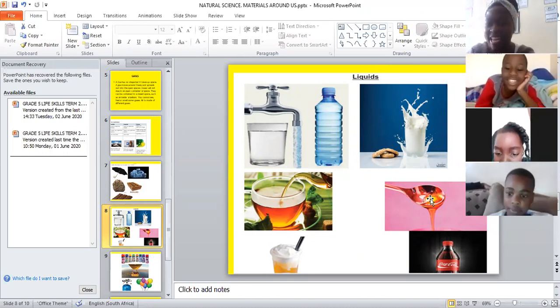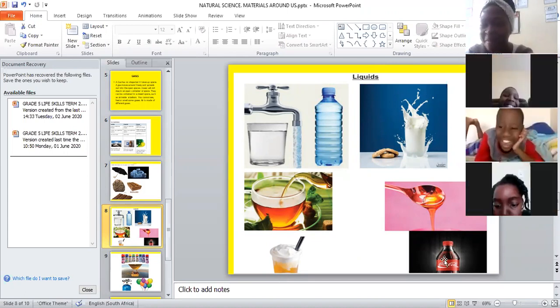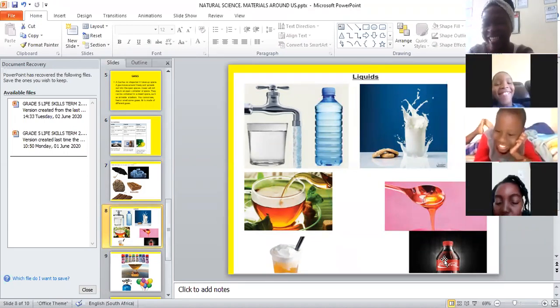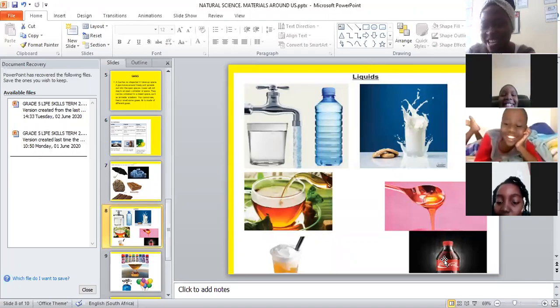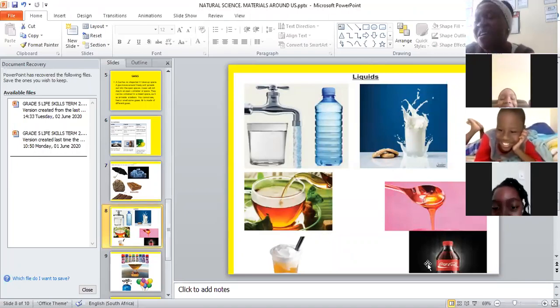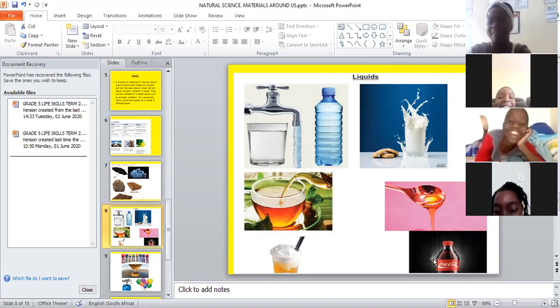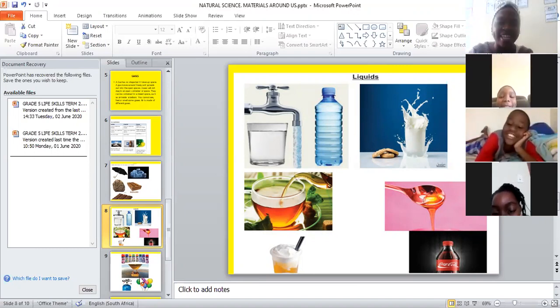And then this one? A cold drink, yes, Coca-Cola. Okay, the last one we have is gases.